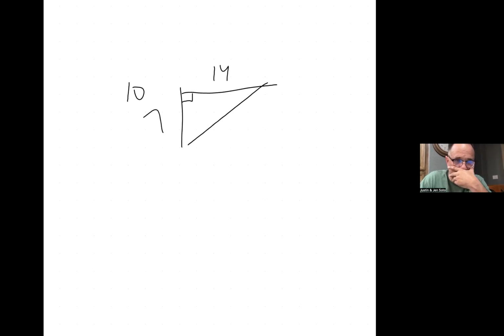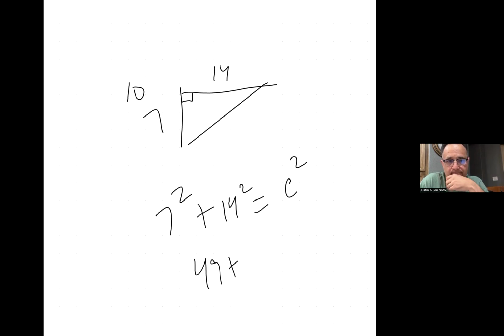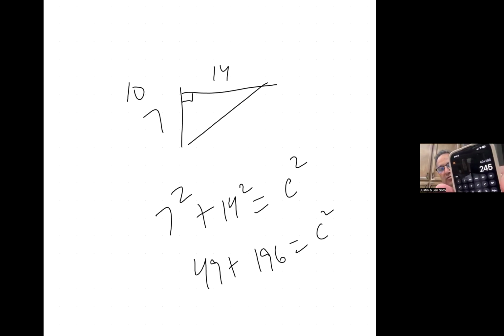Number 10. We need the hypotenuse. So we have 49 plus 196, square root.